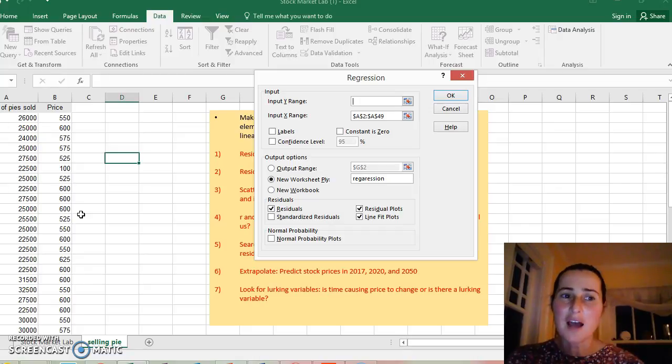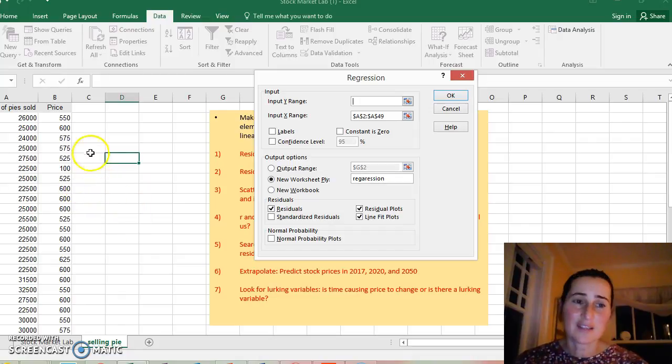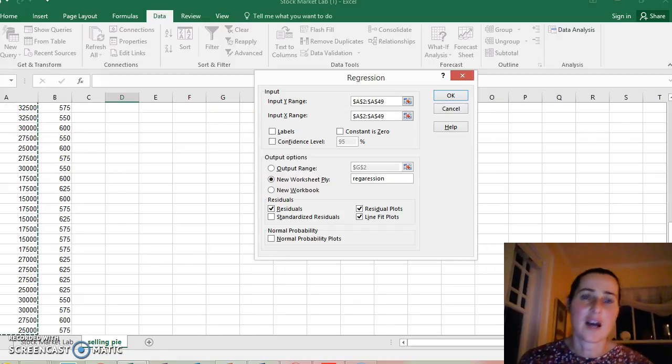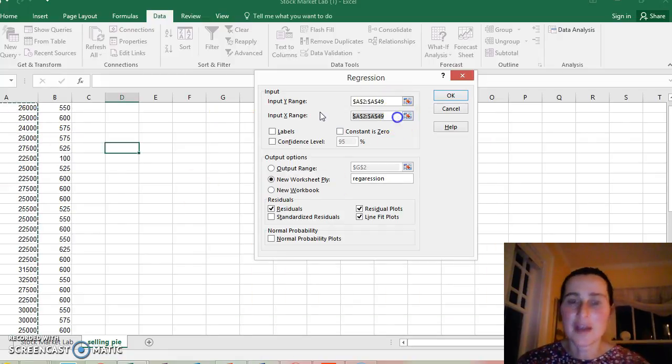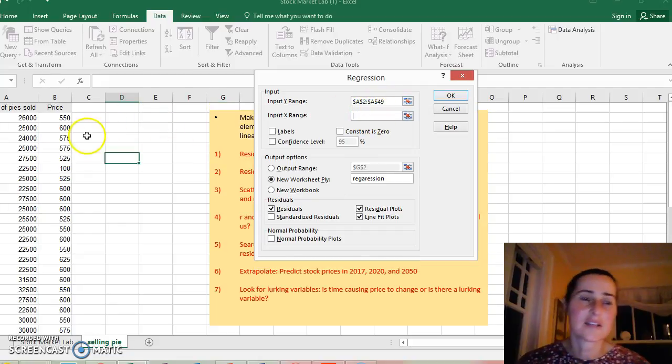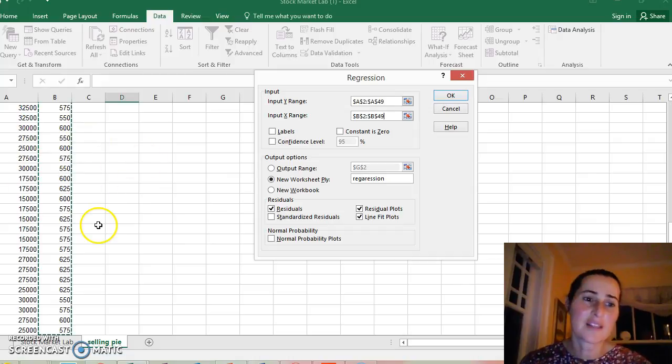Or are the number of pies affecting price? For this scenario, I'm guessing that the price is affecting the number of pies. So my Y variable is the number of pies, and my X variable, which is my explanatory variable, is my price. And in this case, by the way, this is in pennies, so 600 is actually $6.